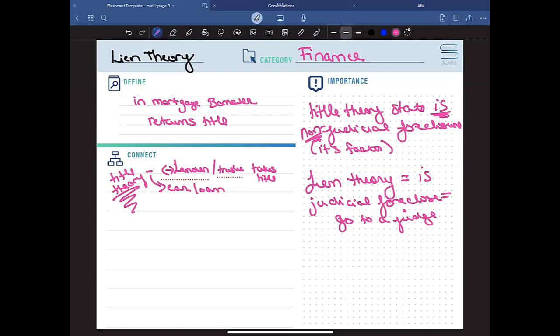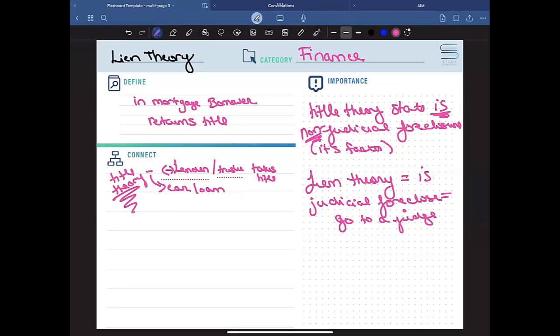But because they have to wait for a judge, they sometimes stayed in their house for 8 months, 9 months, over a year, even though they hadn't paid, simply because they couldn't do anything until they could get a court date. So is that going to affect how people live in their houses and what happens when they pay? That's a big deal. So, title theory versus lien theory.